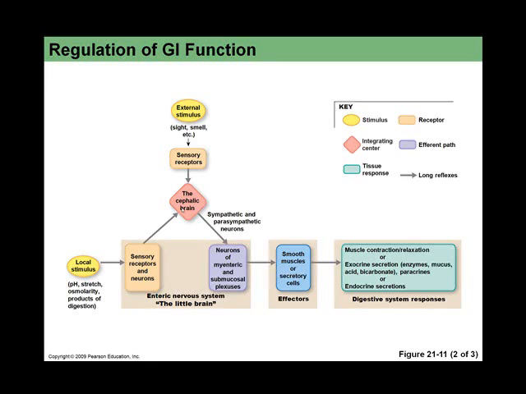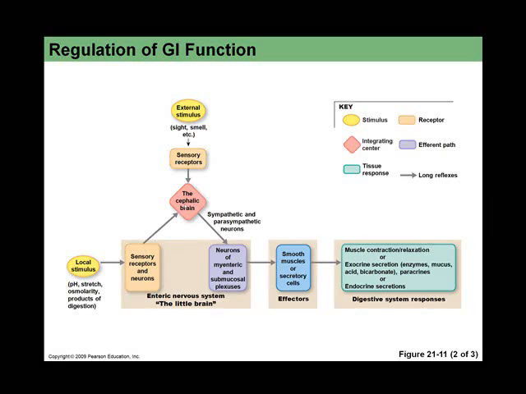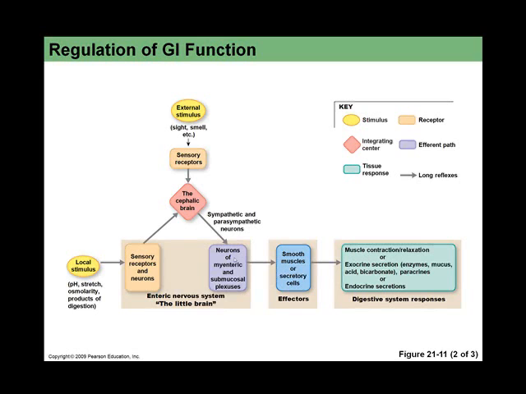And the vagus nerve carries information to the brainstem that is shared with higher centers as well, and these become integrated into the entire output of the autonomic nervous system.